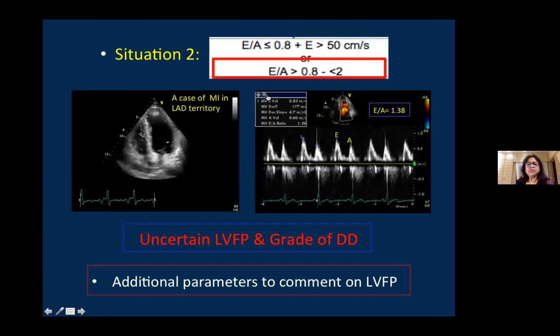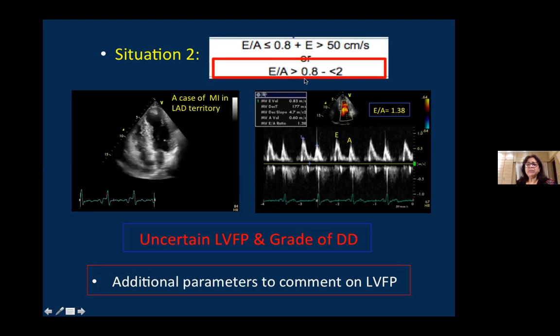This is situation 2, a case of AMI in the LAD. You see, the apex is scarred. Moreover, there is a thrombus. This is the apical 4-chamber view. So AMI at the LAD territory. Now in this case, what I get is E by A ratio 1.38.